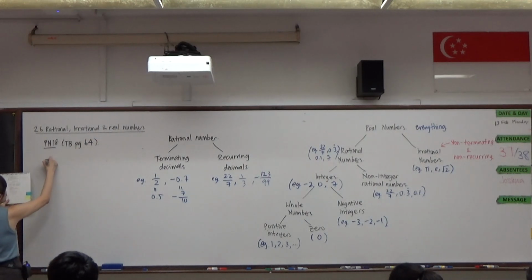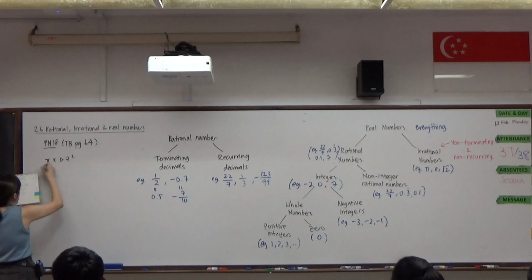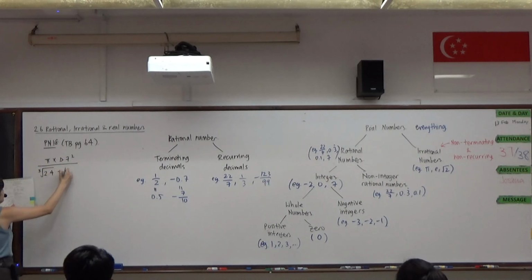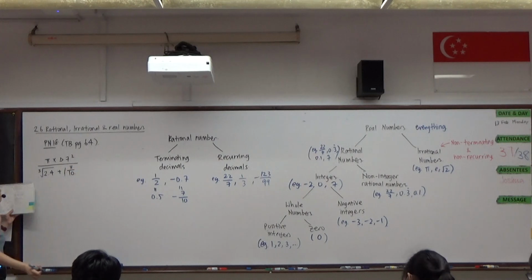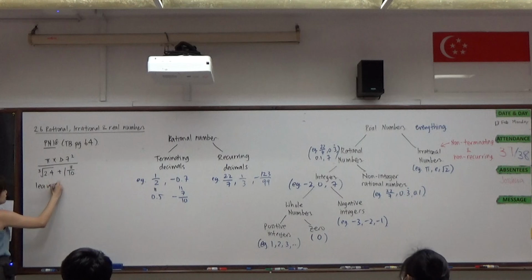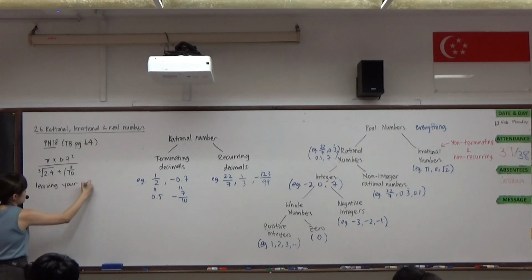Okay, and use your calculator to press this number down. You must know where your value of pi is. And this question says leave your answer to 3 decimal places.